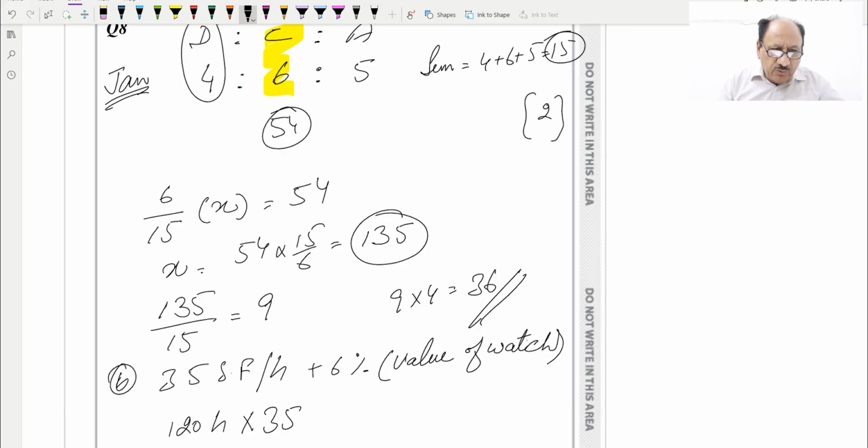the value of this one 13,000. So plus 6% of 13,000 is the value of the watches which she sold.